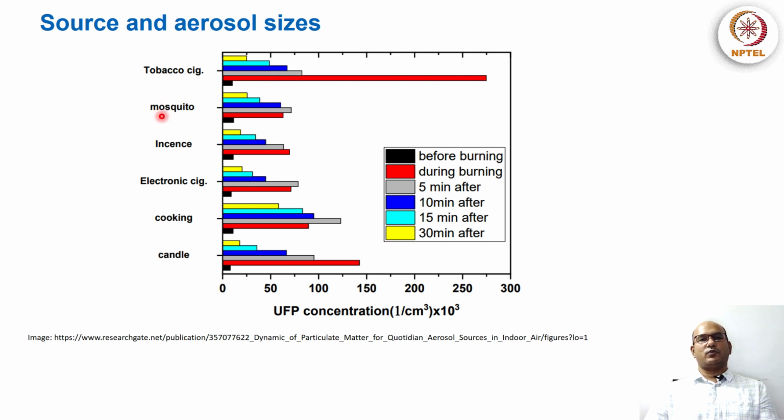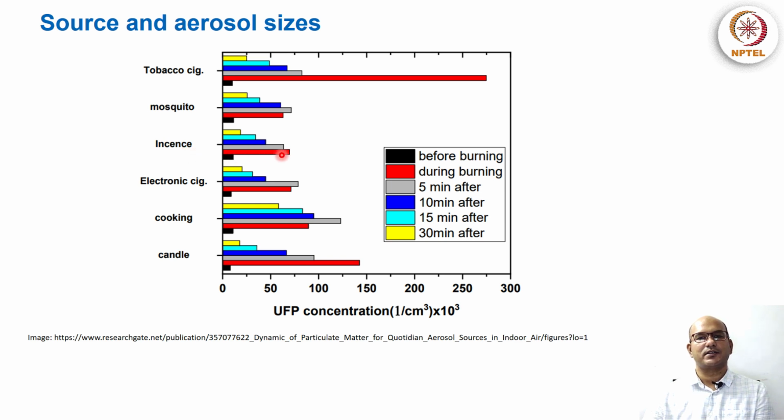These are mosquito coils. In mosquito coils we have some release during burning, and then 5 minutes after burning the concentration actually increases. This could probably be due to nucleation, and then the concentrations decrease to again a higher value than our original background concentration, which was in black color. This is incense burning.